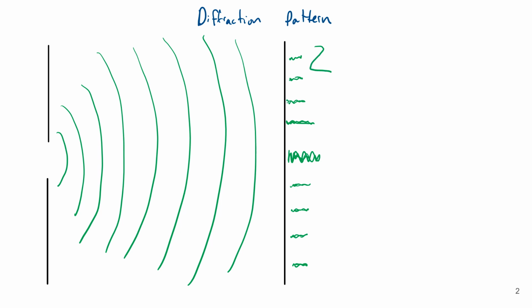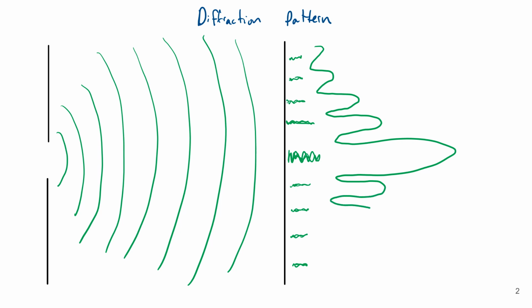We can almost think of that as a frequency of how often that intensity or light hits those particular spots. So we have a large distribution in the center, and as it goes further and further out, the light gets less and less intense the further we get from the center.